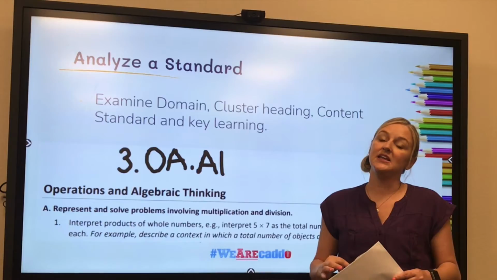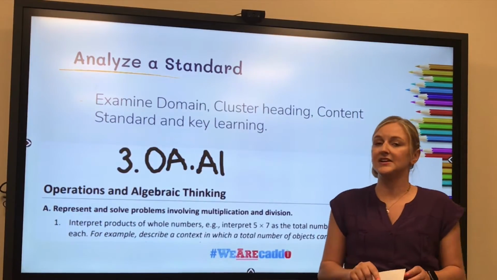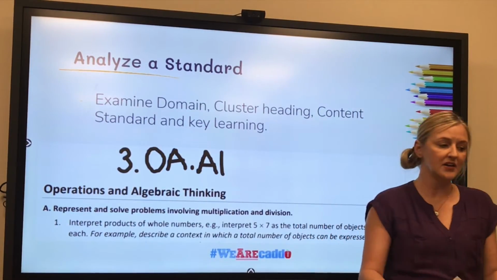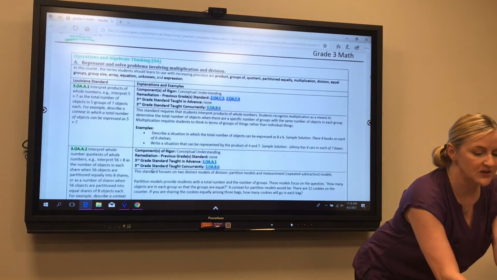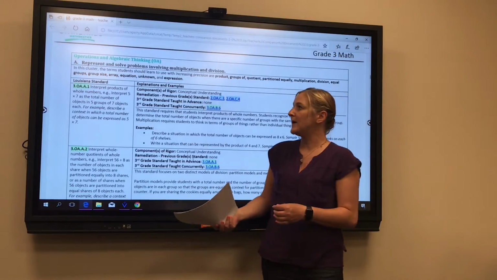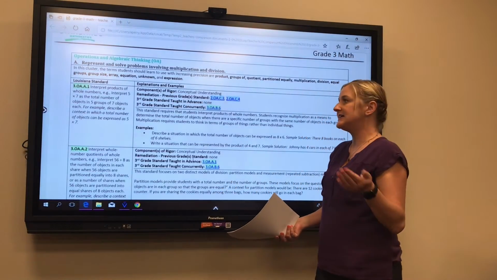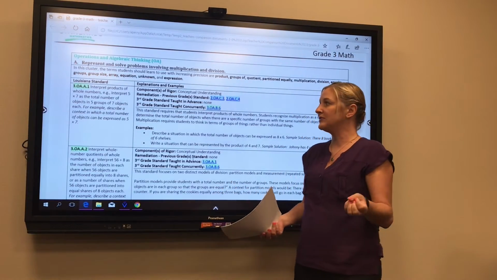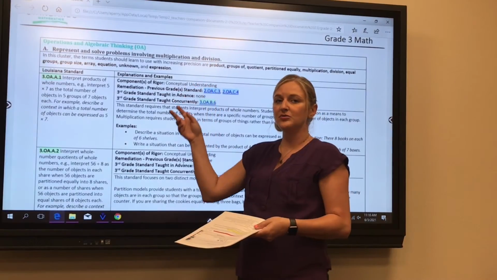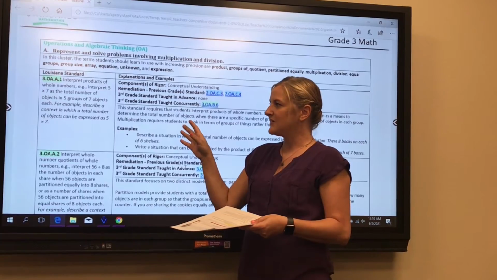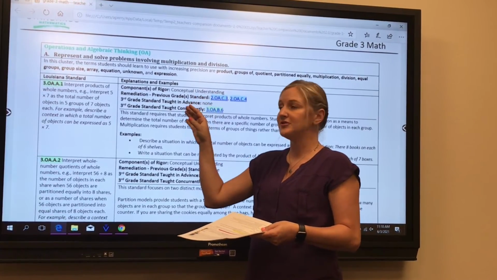To look at the key learning of this specific standard, we're going to go to our companion document, which your grade level facilitator should have already pulled up for you or directed you to pull up. If you don't know how to get to this, there are directions on page 1 of your handout. So I've scrolled through to page 3 or 5 of the companion document, skipping the introduction.